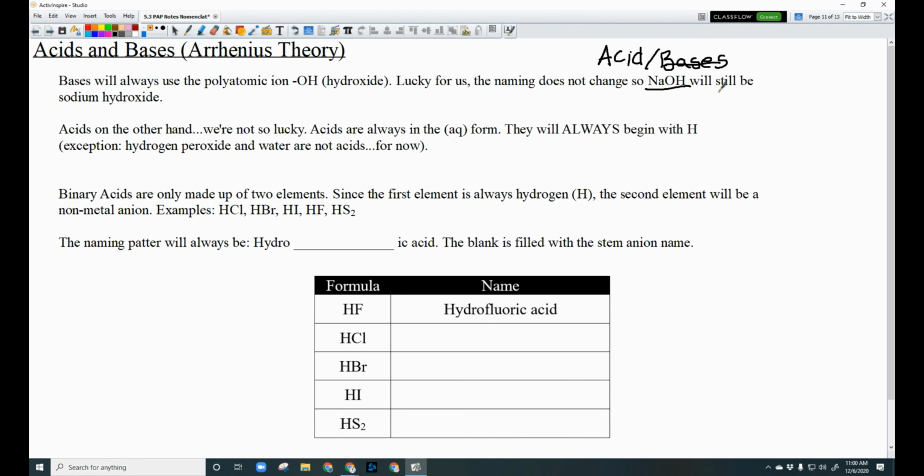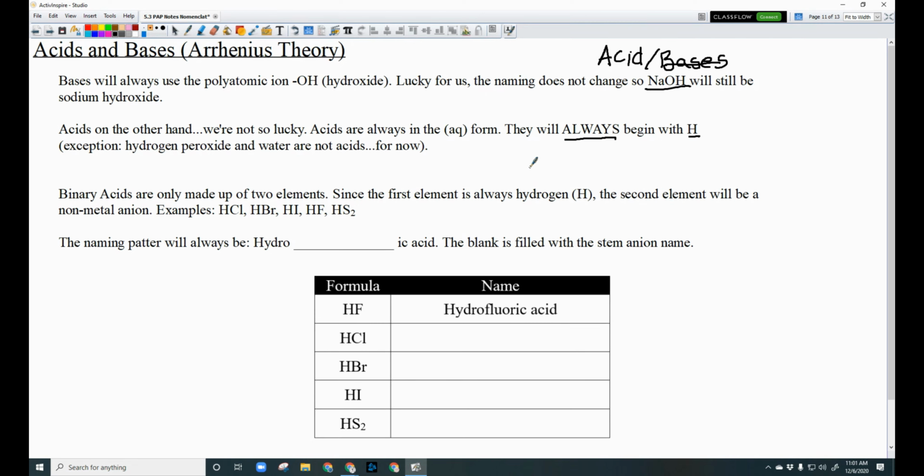Acids, on the other hand, we're not so lucky with that. With acids, you're going to see this AQ after them. That means in the aqueous form, that means the compound has been dissolved in water. They will always begin with an H. So anytime you see something that begins with an H, it's an acid.